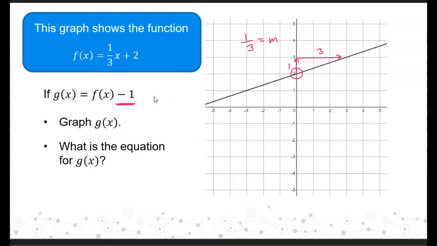Well, we said minus makes it go down, and 1 is the number of units, so down 1 unit. So we can take any point here and move it down 1 unit. Move it down here, down 1, move this one down 1, and then we could draw a straight line between them. This program doesn't love to draw straight lines, but you kind of get the idea.